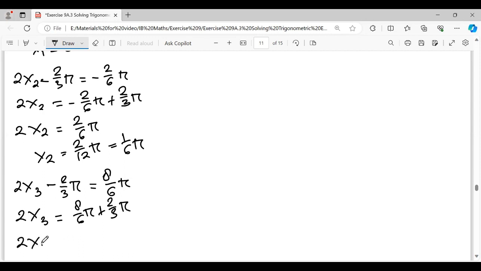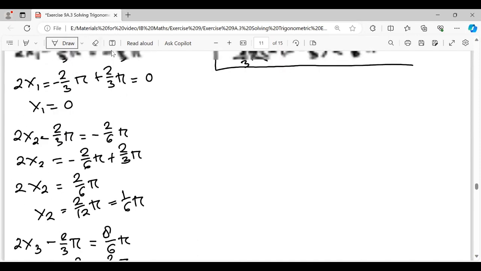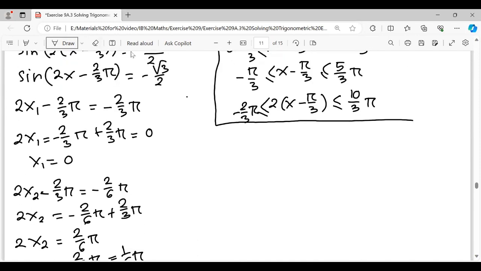So 2x3 equals, this is 4, so 12 pi over 6, it's going to be 2 pi. Okay, we're going to move to this space.